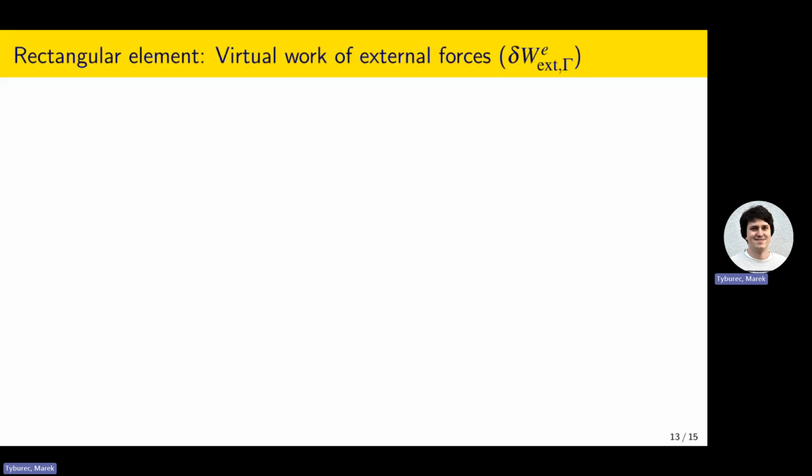So we have t, virtual displacement in the nodes transposed, and inside of the integral, again, we have integration on the boundary: shape function matrix of x, p of x, d gamma.